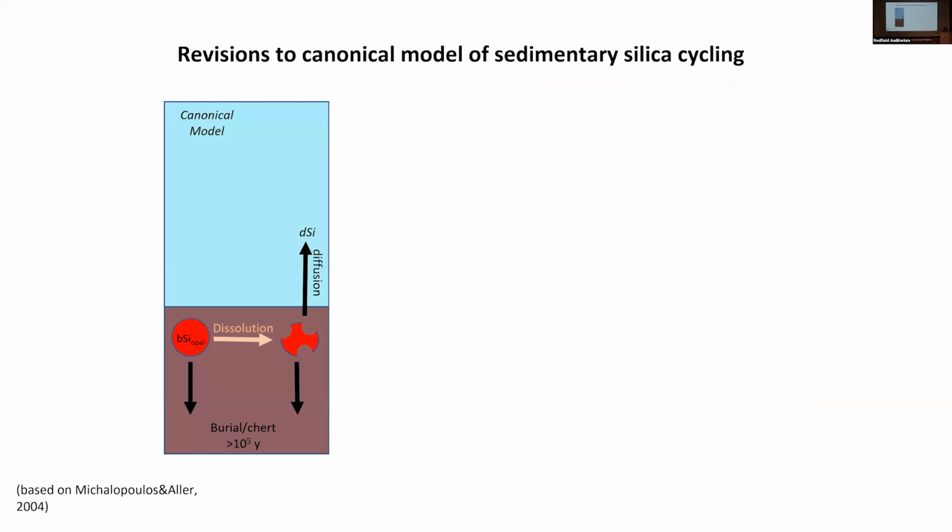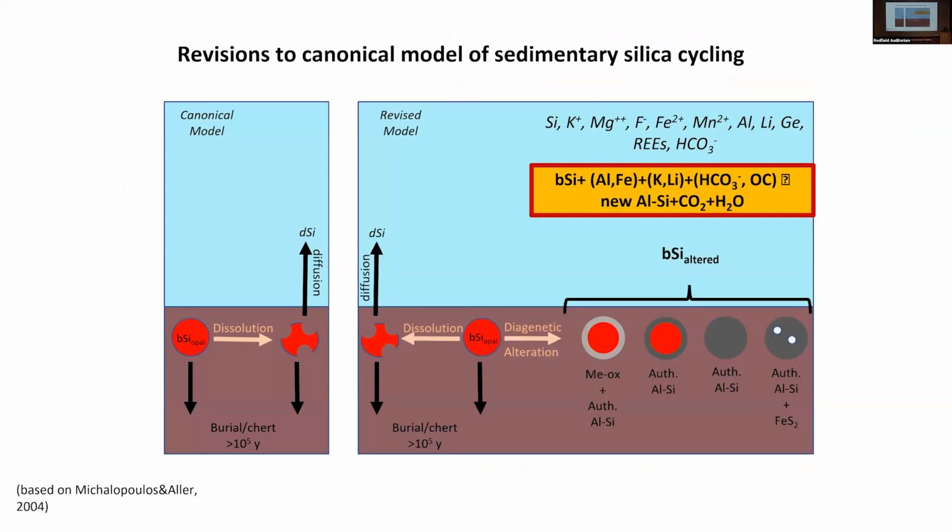So instead of the canonical model you have in the open ocean for the sedimentary silica cycle, you have something a bit more complicated in deltaic systems. Certainly some of it dissolves, and some of it does diffuse back into the water column, but a lot of it undergoes some sort of diagenetic alteration. This is modified from Michalopoulos and Aller, 2004.